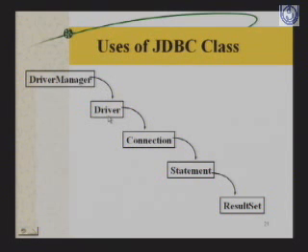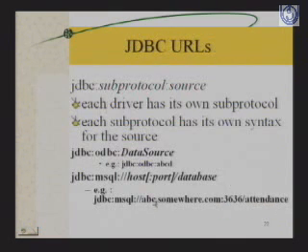So driver is available. If driver is available, on that you call the connection. If connection is available, you can perform the operation on the SQL statements, and once you perform the operation on SQL statements, you get the result set, and that result set gives your desired result.